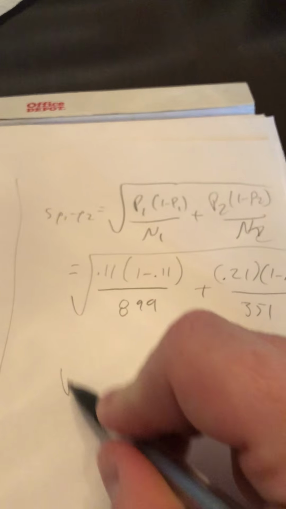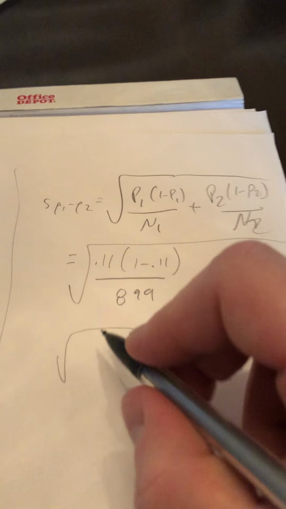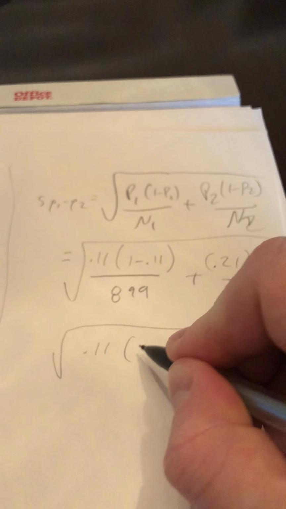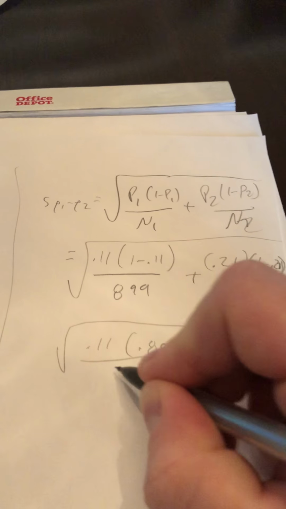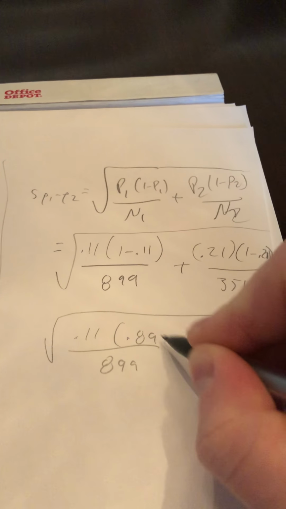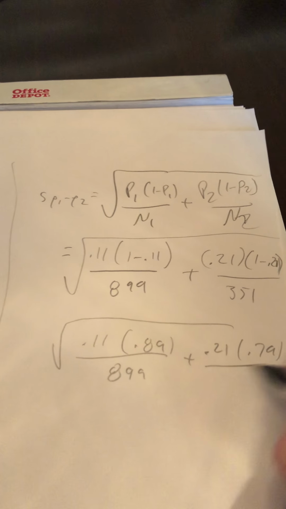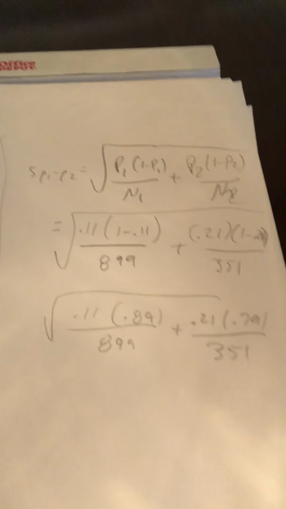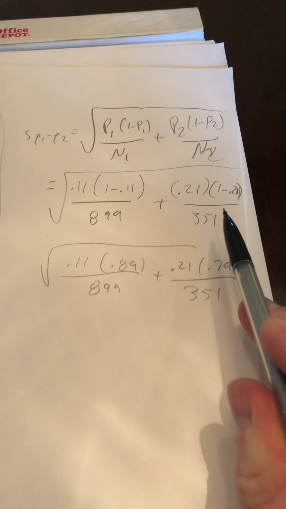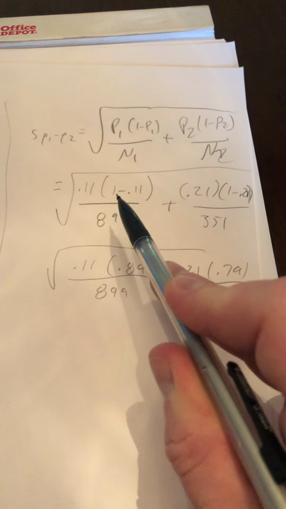So when you multiply, let's just do 0.11 times 0.89 over 899, plus 0.21 times 0.79 over 351. All I did was subtract 1 minus 0.21 and 1 minus 0.11.